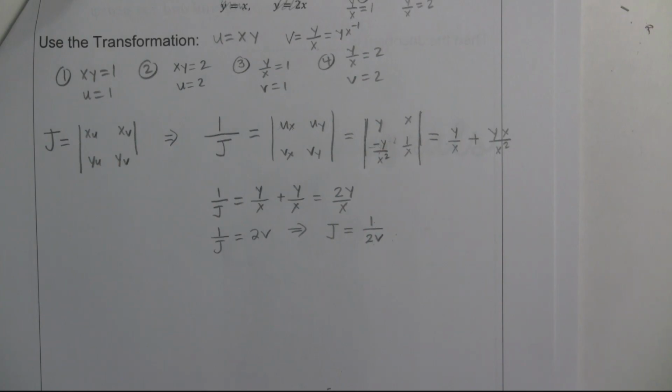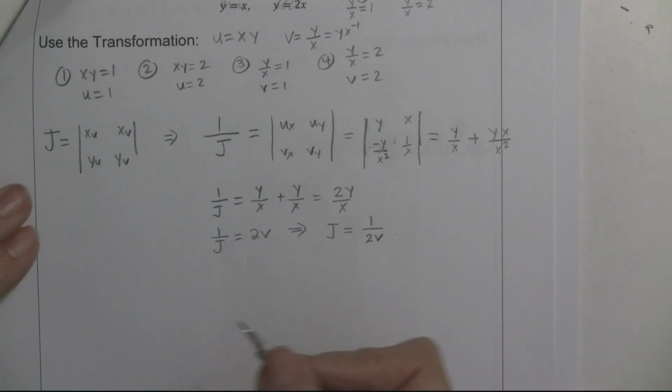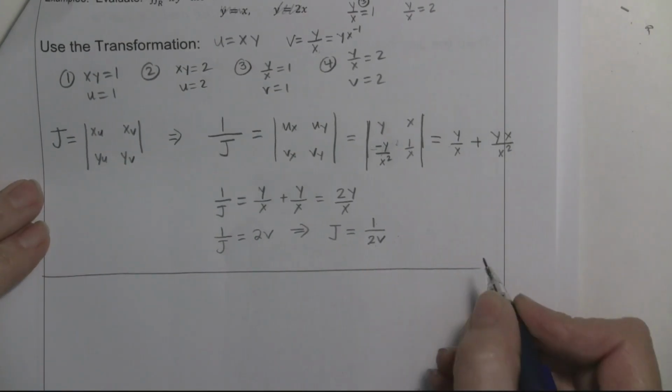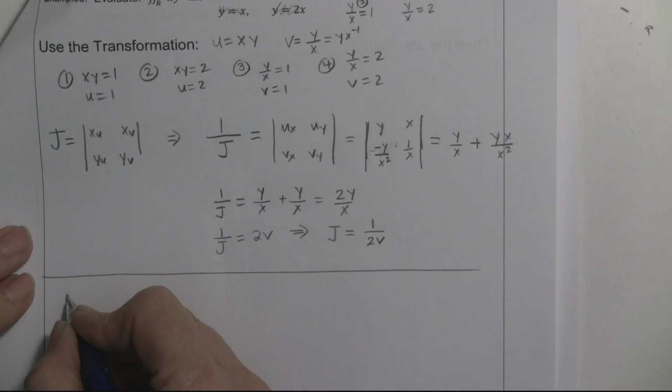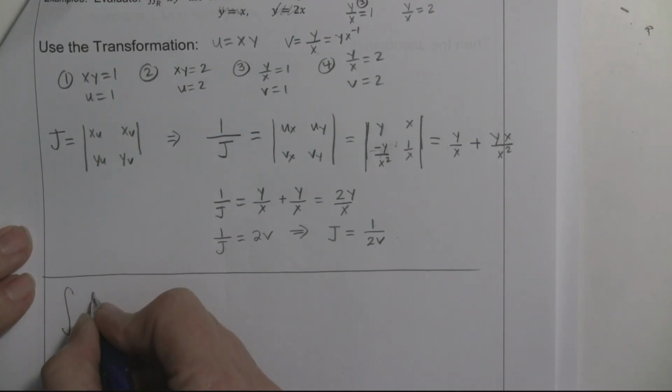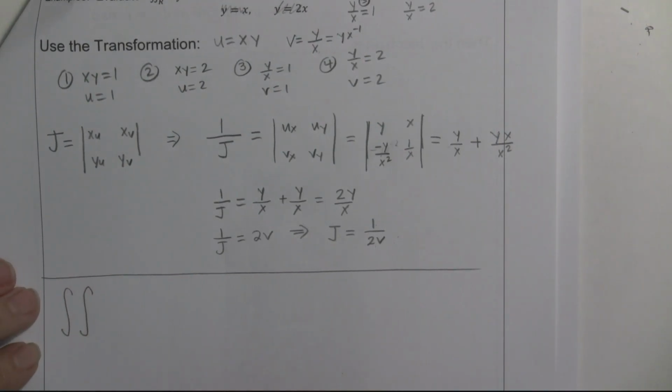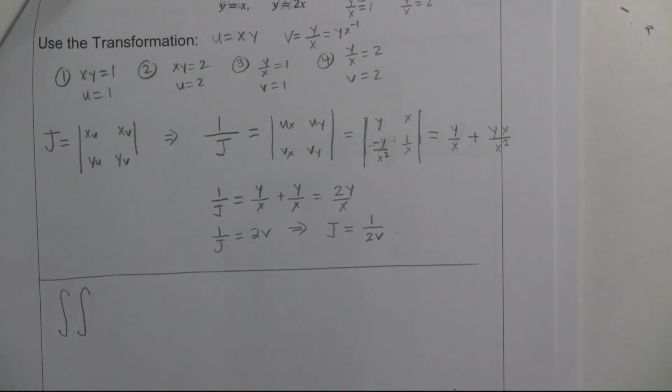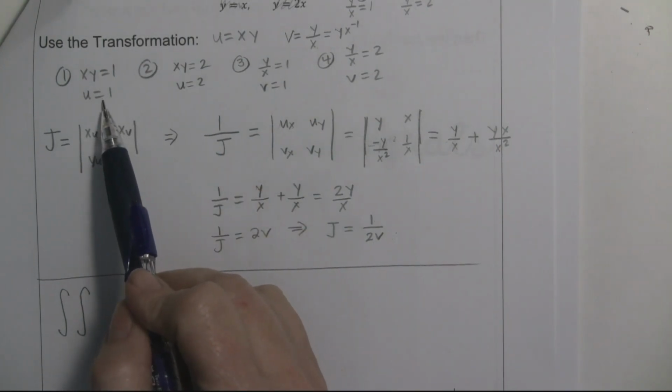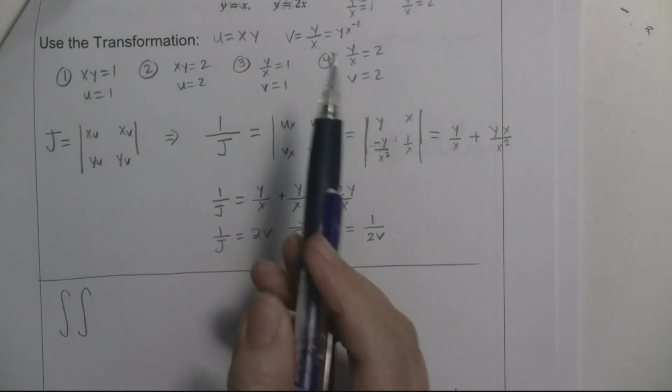Okay, now we're going to put this crazy thing together and see how we do. Our integral is going to be either du dv or dv du. The good news is that it's going to go on u's from 1 to 2 and v's from 1 to 2. So that's nice.